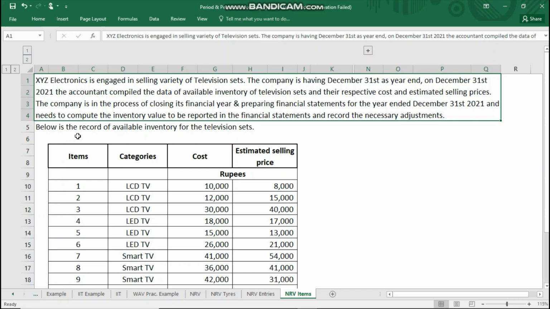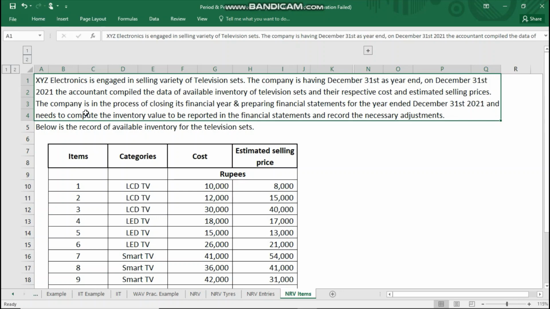Okay, let's start. XYZ Electronics is engaged in selling a variety of television sets. The company has December 31st as year end. On December 31st 2021, the accountant compiled the data of available inventory of television sets and their respective cost and estimated selling prices.